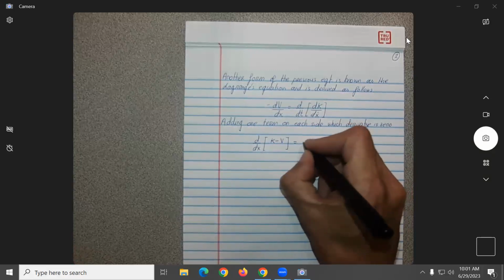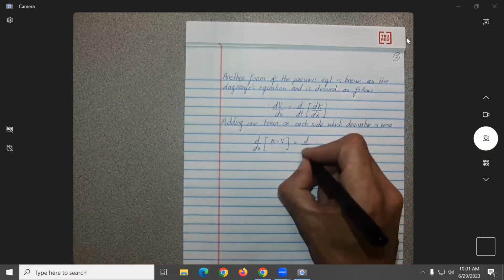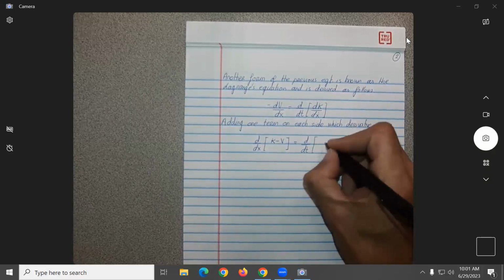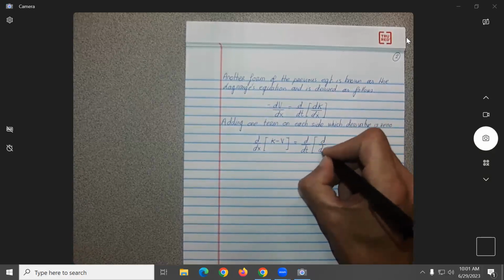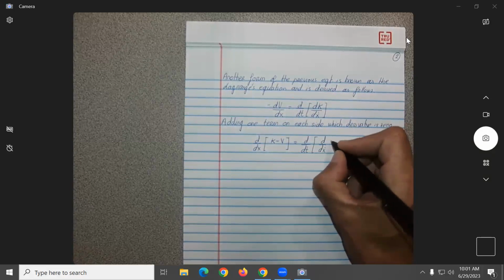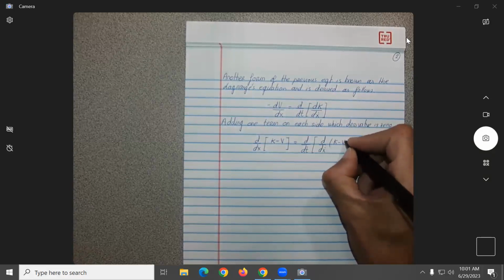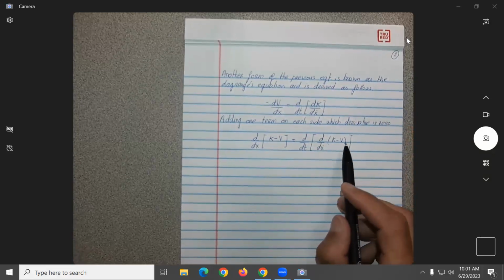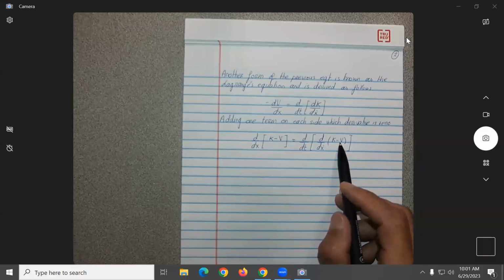And then on the other side, he rewrites d dt d dx dot. And following the same idea, here now we are going to have K minus V. The derivative of the potential energy V with respect to x dot will be 0 because V is a function of what?